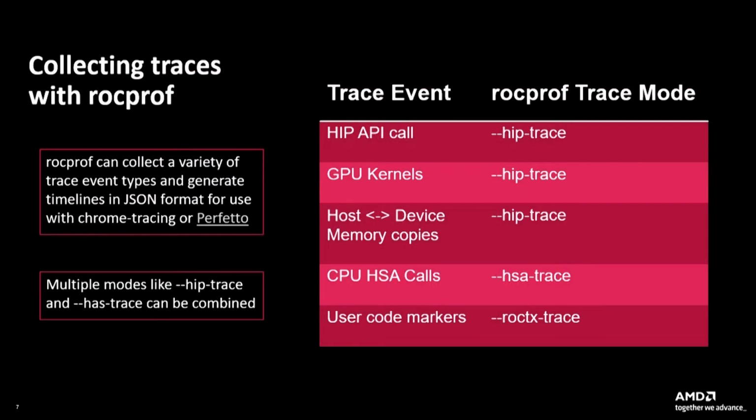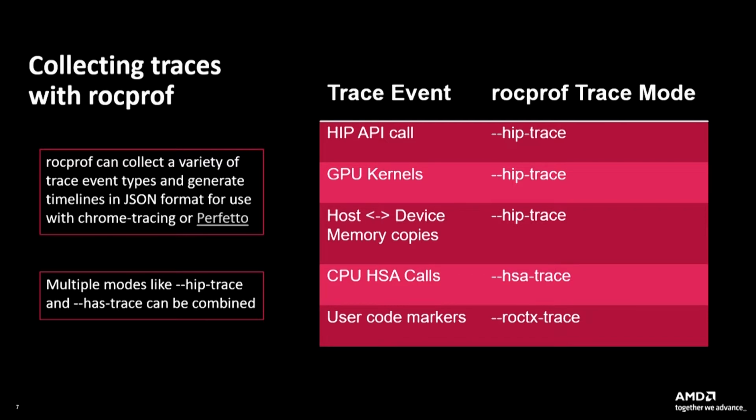So like I was saying before, there are different types of tracing that you can do in rocprof, whether you want to understand what the HIP API calls are. When you're doing GPU programming on the AMD ROCm environment, it's all HIP programming language. So HIP is like a top layer.